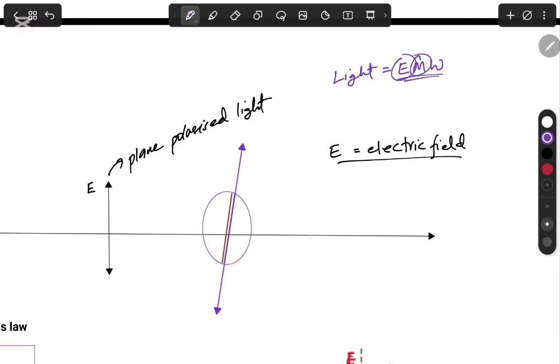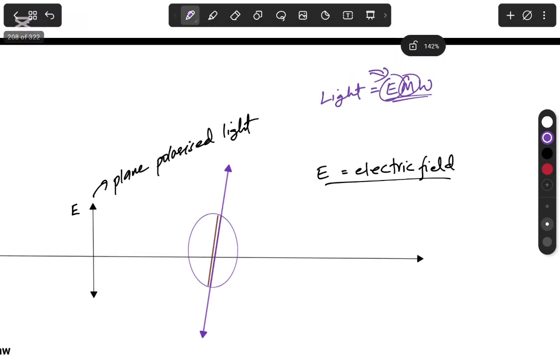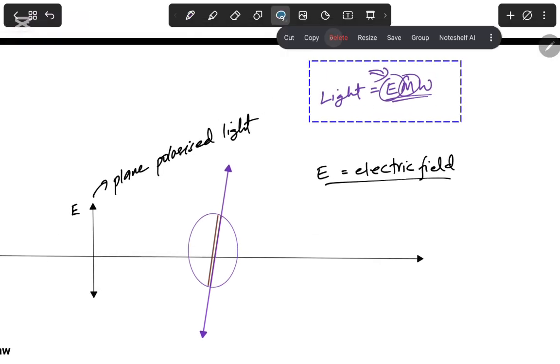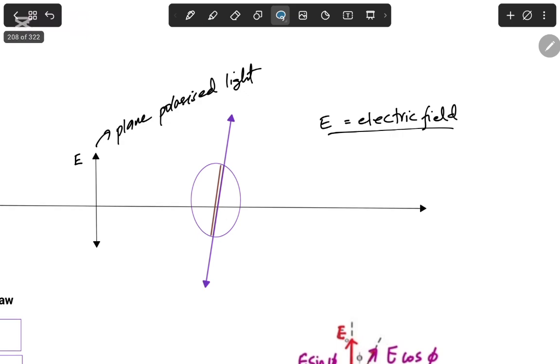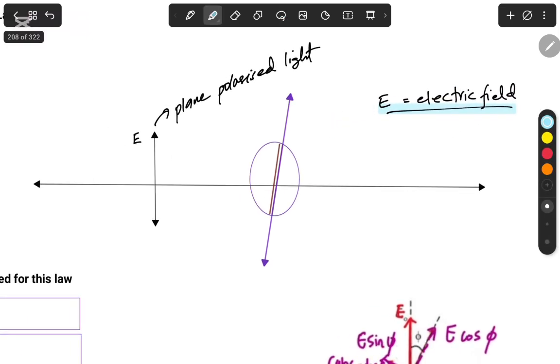The reason in optics, when we look at light, we specifically focus on the electric field is because the interaction of the electric field is much more dominant in optics than it is with the magnetic field. Okay, so we're looking at an electric field here, and it is vertically plane polarized.